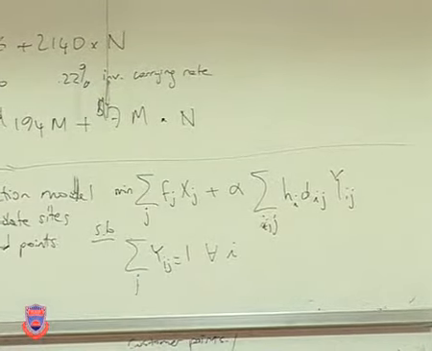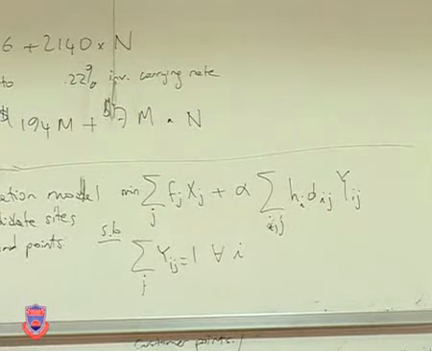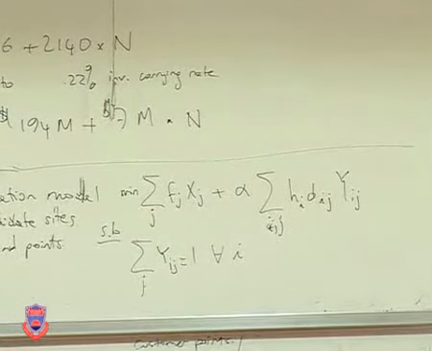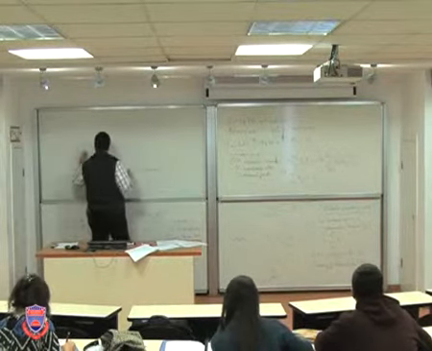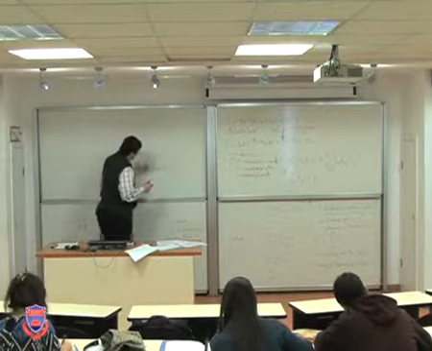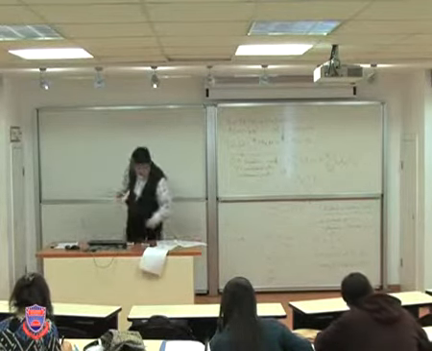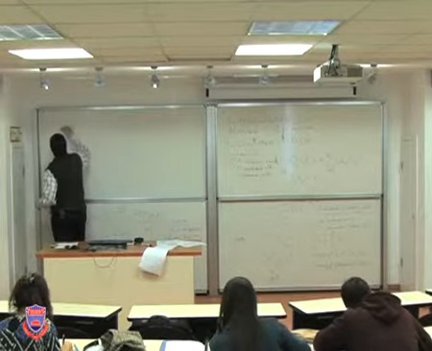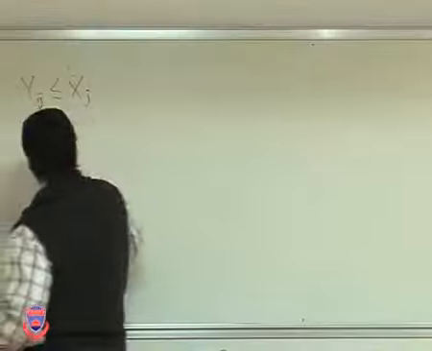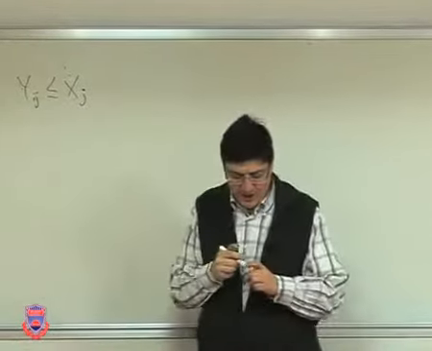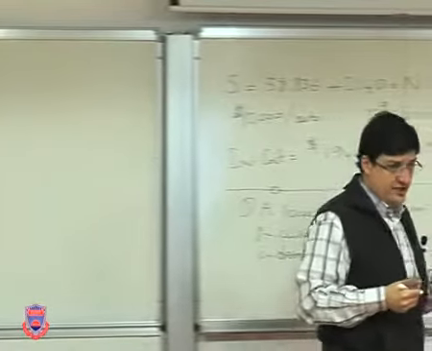Then we're going to have yij less than or equal to xj, which means that yij can only take a value of 1 if xj is open.